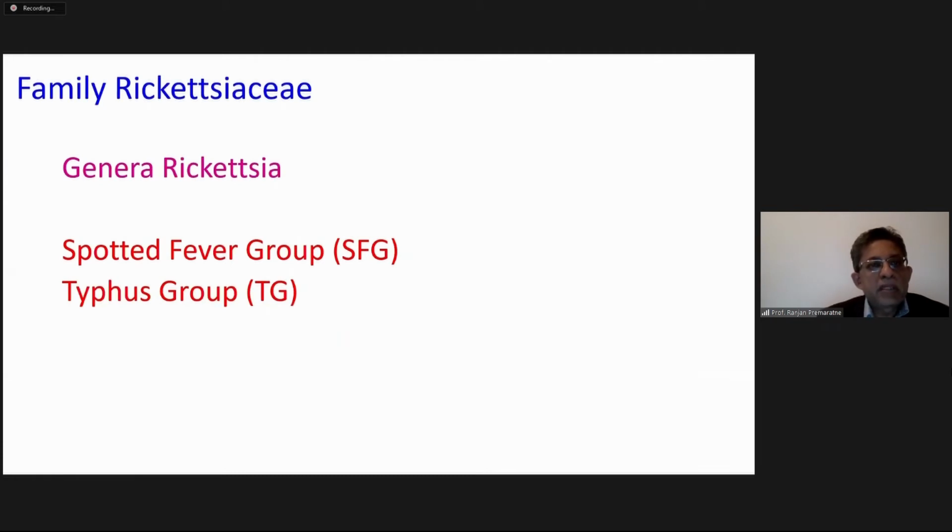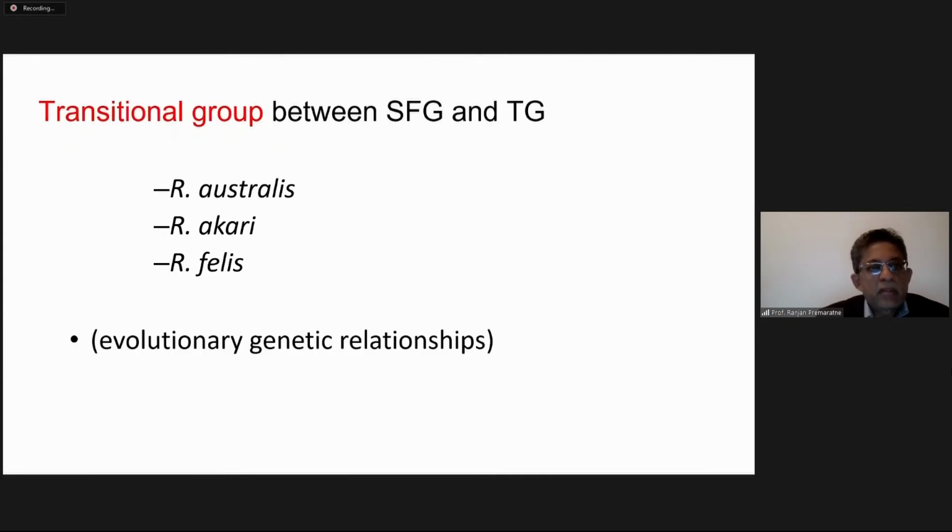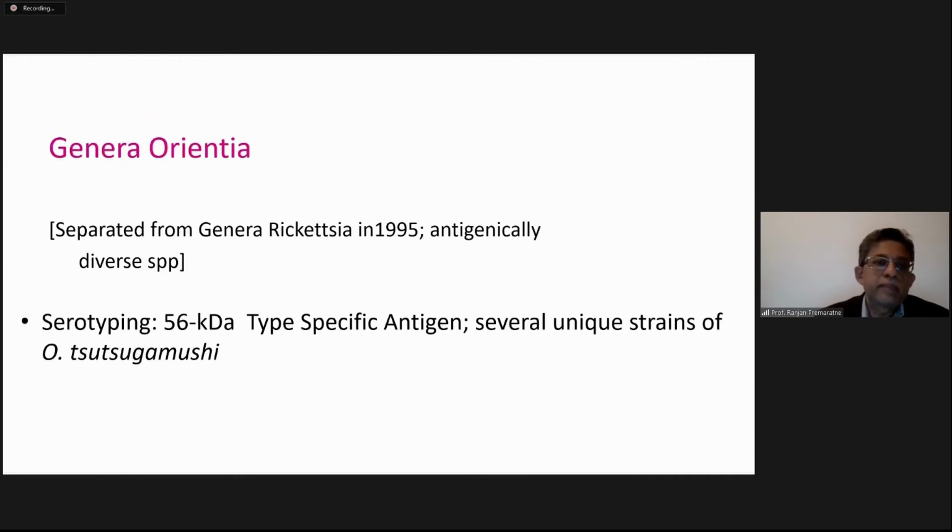So the family Rickettsiaceae includes the genus Rickettsia, that is the spotted fever group and the typhus group. The spotted fever group has 25 officially validated species, 16 of which are thought or confirmed to be human pathogens. Then there is a transitional group between the spotted fever and typhus groups. These are Rickettsia australis, akari, and felis, because they have evolutionary genetic relationships in between.